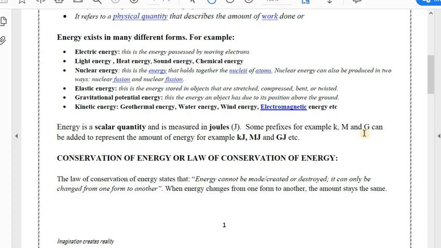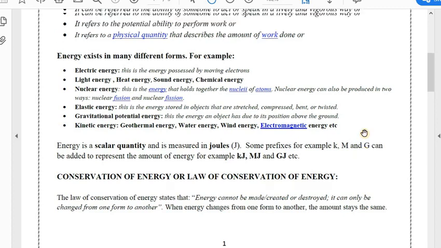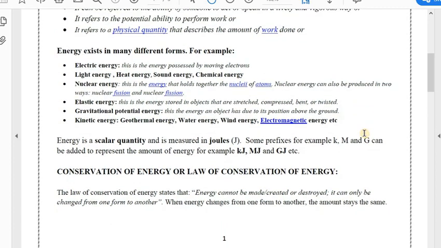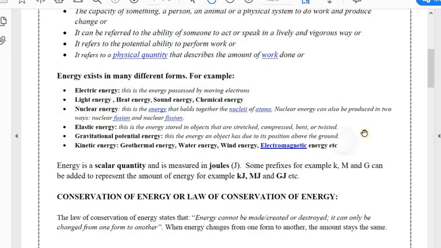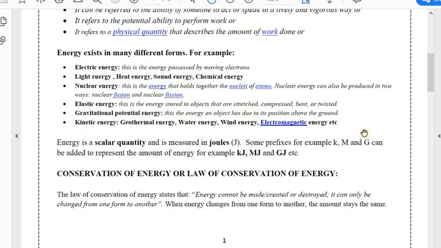If you don't know these forms of energy, if you don't know what electric energy is, and this is the first time you are hearing about electricity, then you can just pause the video for a minute or two, go back to your grade 9 notes, go back to your grade 8 notes, and try to recall what exactly potential energy is.